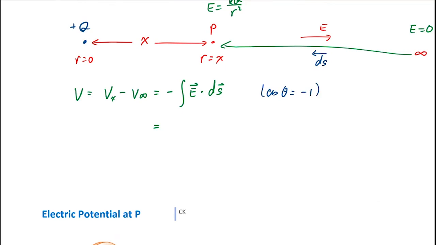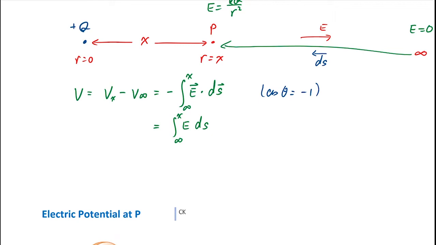So what we have for now is this becomes positive, and then E magnitude ds magnitude. So far so good? Oh, by the way, this was from infinity to x, correct? Say yes.